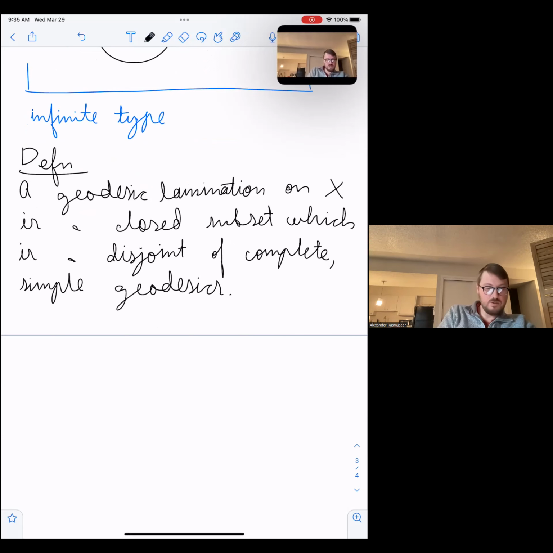I'll give one example of a simple geodesic lamination, and then draw a cartoon picture of a more general type of geodesic lamination. And we'll see some further examples later in the talk.